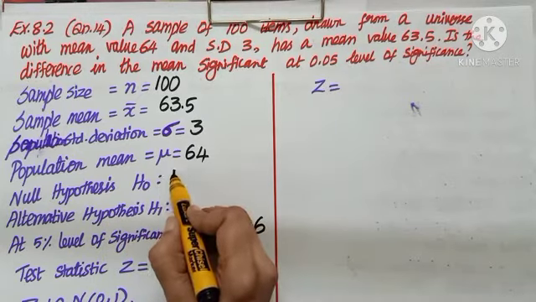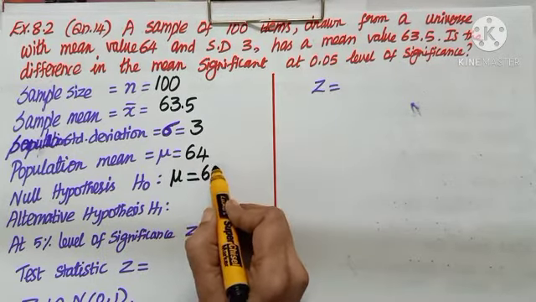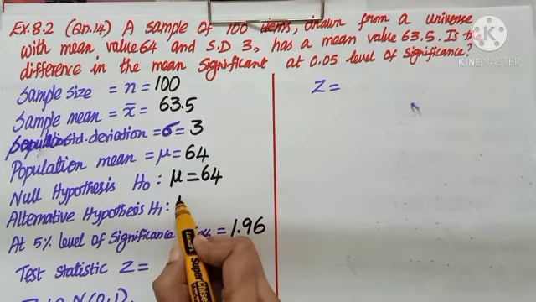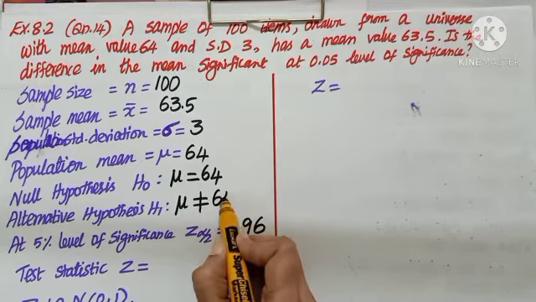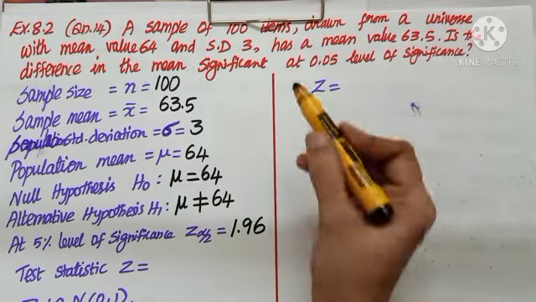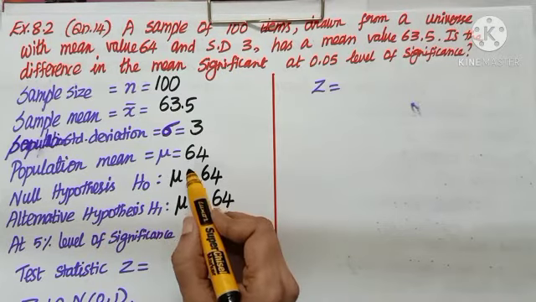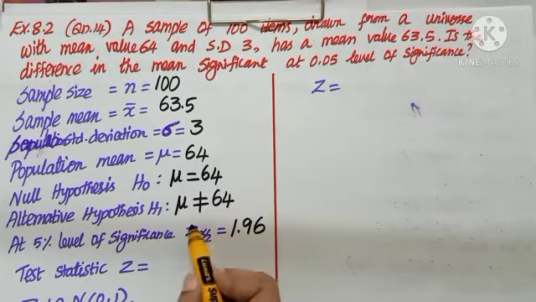H0 tells me mu equal to 64. Alternative hypothesis H1, mu not equal to 64. So they have given mu is 64, which you take as H0. When I say not equal, it's a two-tailed test, and the alternative hypothesis is mu not equal to 64.